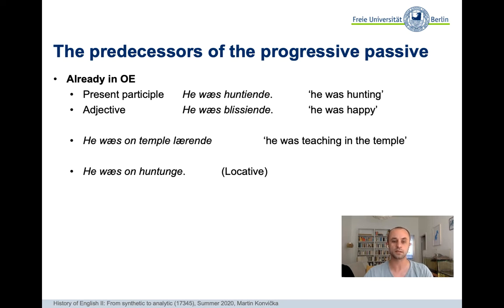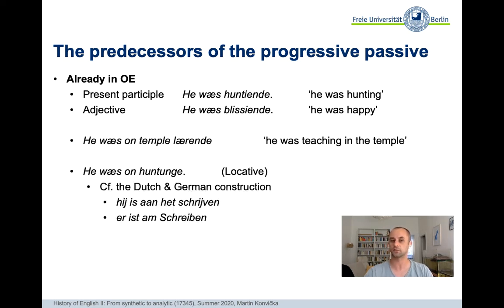And then in Old English, we also have a locative construction that can be used in the progressive sense. So we have things like he was on huntunge, he was at a hunt, or he was on Templer Lehrende, he was in the temple teaching.